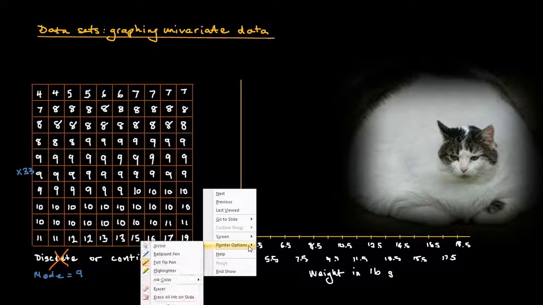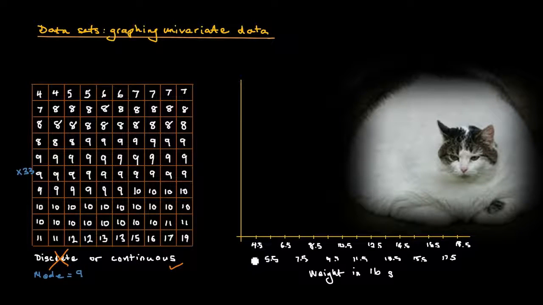So our vertical axis needs to go up at least to 33. So let's divide it into 7 equal parts then. There we go. And number up in 5.